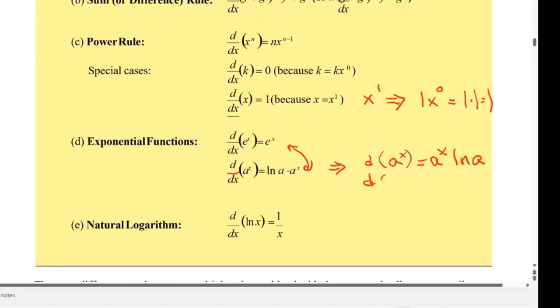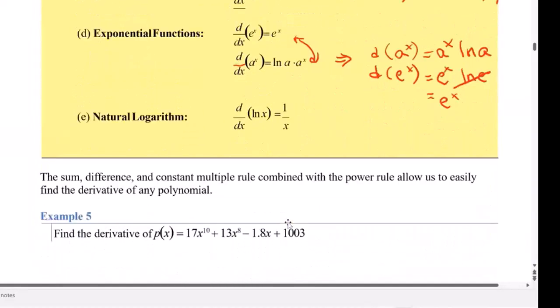So if the base is e, we replace a with e, we get e to the x times ln of e, and hopefully you remember ln of e equals 1. 1 times e to the x is e to the x. And there we have it. And another one that's kind of weird that you won't be used to is the derivative of the natural log of x is 1 over x. Just take my word for it.